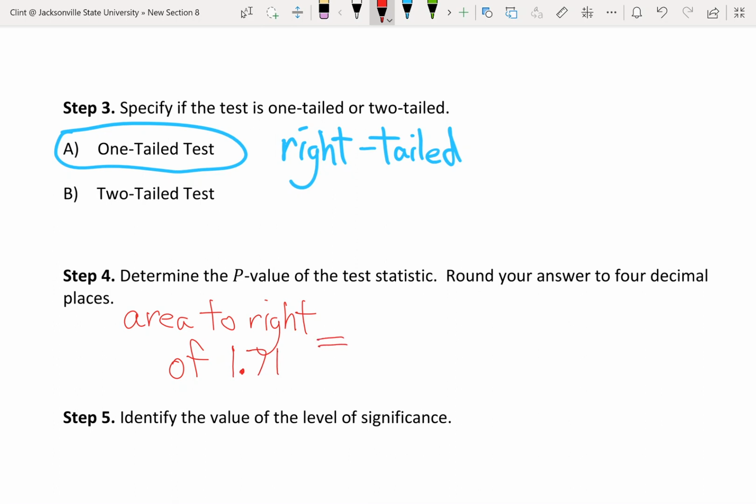So to get the area to the right, we can look up the opposite, negative 1.71. Let's see. I get 0.0436. P-value.